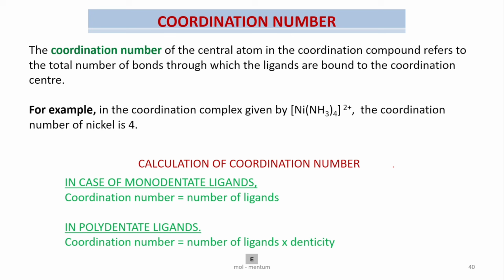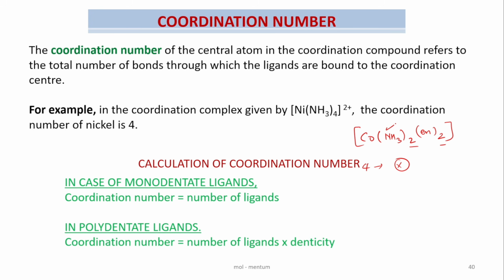Similarly, if I take one more example, suppose I write [Co(NH3)2(en)2]. Now what is the coordination number? If you are writing 2 plus 2, 4, again 4 is incorrect. Why is 4 incorrect?